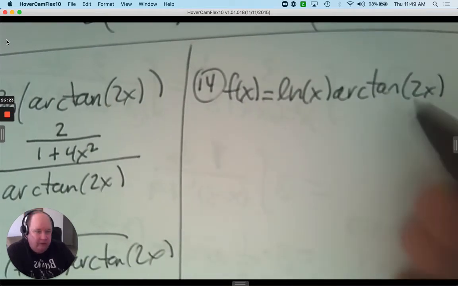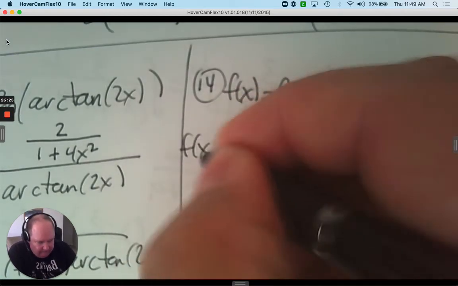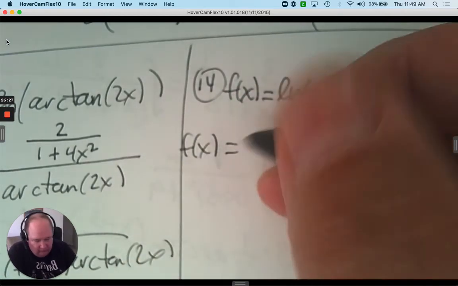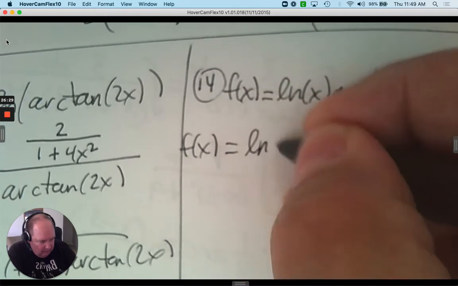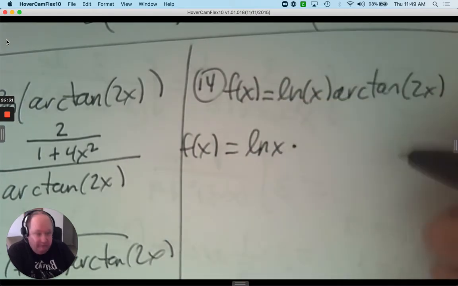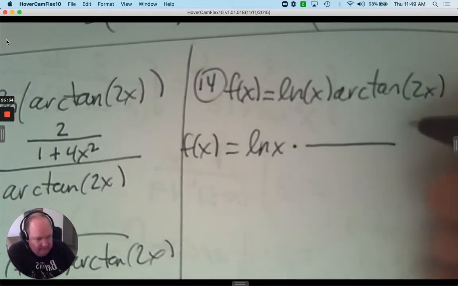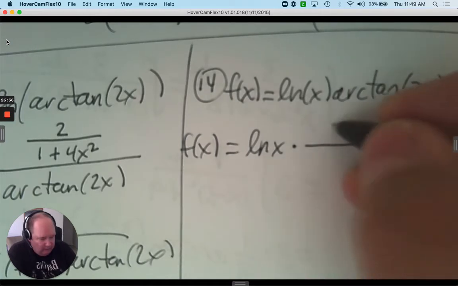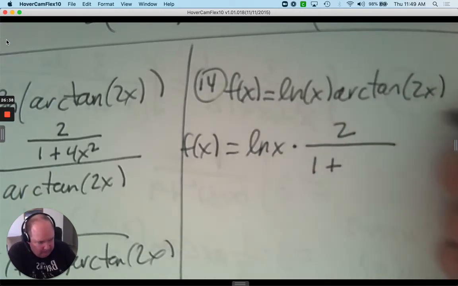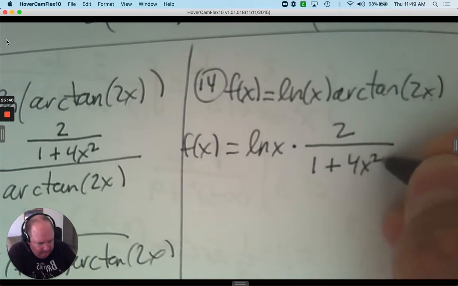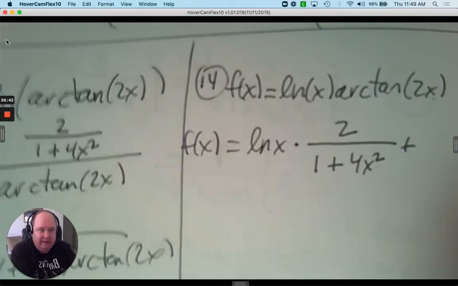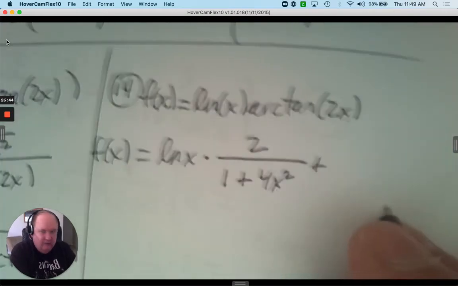So this is going to be the product rule. So the first, which is ln x, times the derivative of the second, which is a fraction. The derivative of 2x is 2. In the bottom is 1 plus, and then square. Plus the second, which is arc tangent 2x.